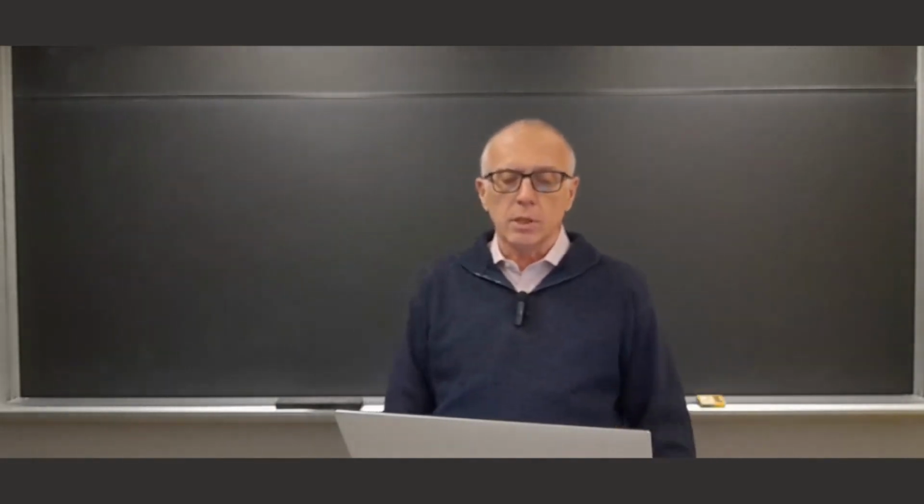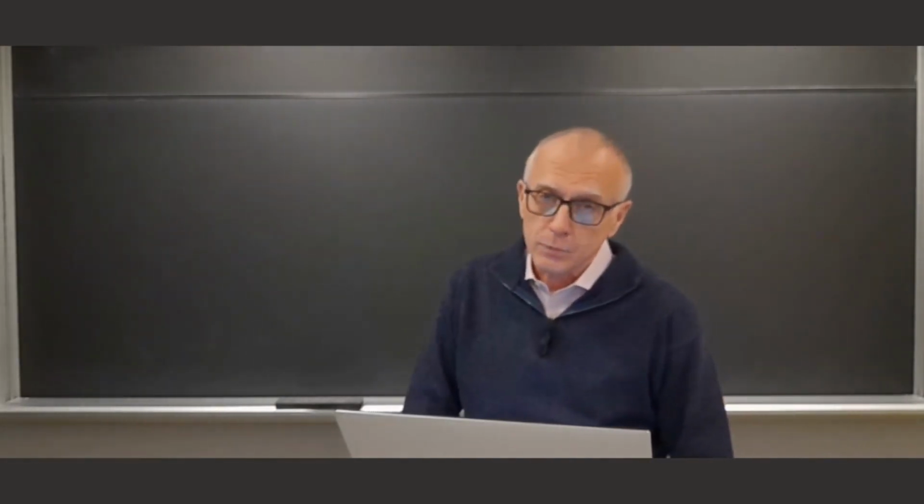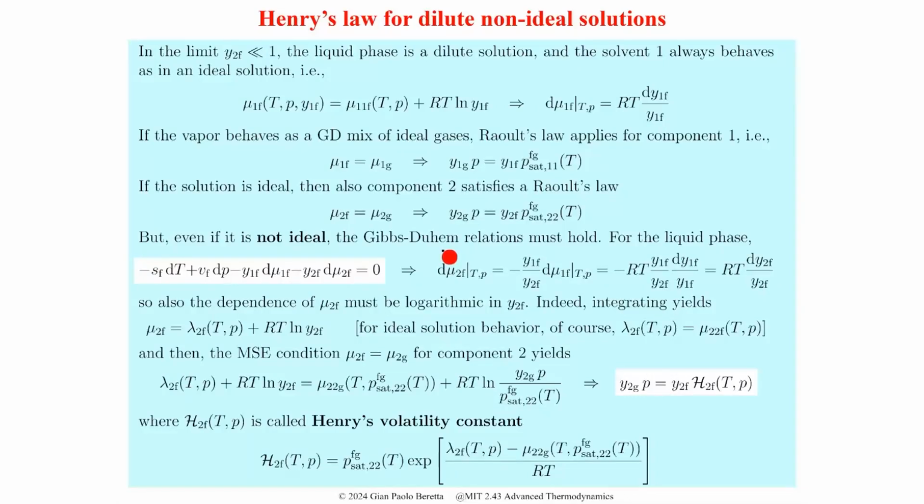So the first result that we can talk about is called Henry's law, which is a byproduct of Raoult's law. So remember, Raoult's law was a relation here, this one, that gives us, as we just said, the composition of the vapor phase in equilibrium as a function of the composition of the liquid phase with which it is in mutual equilibrium. And the saturation pressure of the pure substance enters in the Raoult's equation.